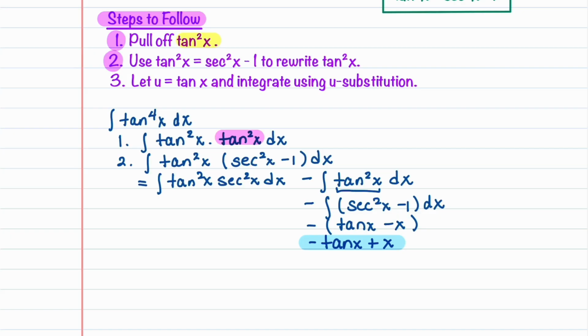Let's now go back up to the top and look at step 3. We are going to let u be equal to tangent x, and then we'll integrate using u-substitution. We'll put a 3 down here. So we're going to let u be equal to tangent x. We are referring to this integral right there. And then du is equal to secant squared x dx.